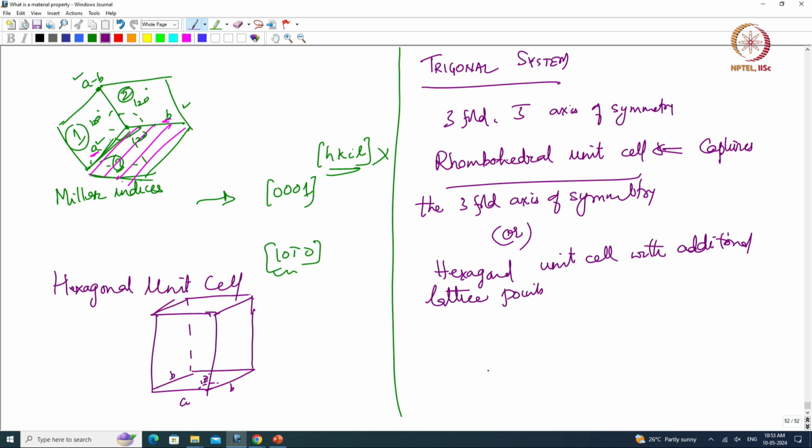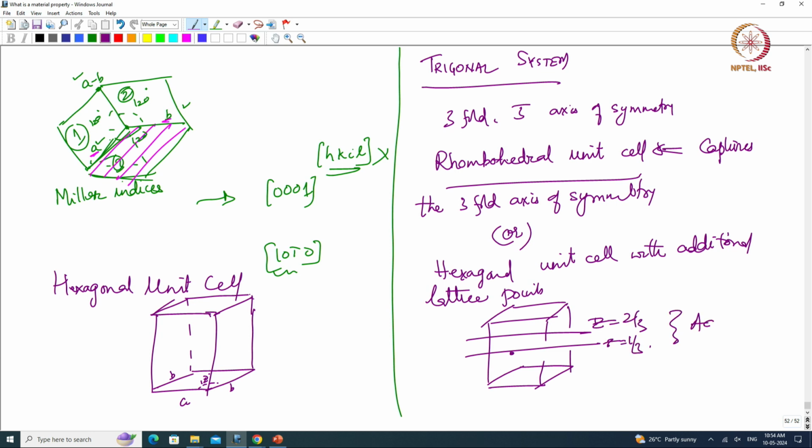Right. So, for example, I take this system, and I put my lattice points at 1/3 and 2/3 in these planes. So, Z equal to 2/3 and Z equal to 1/3. I put additional lattice points, and these lattice points are going to be at 2/3, 1/3, 1/3 and 1/3, 2/3, 2/3.